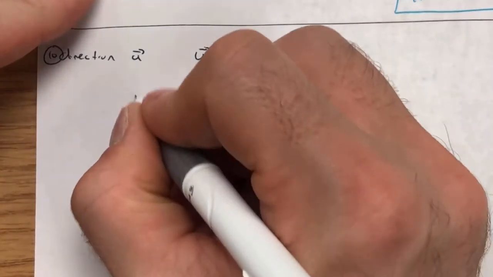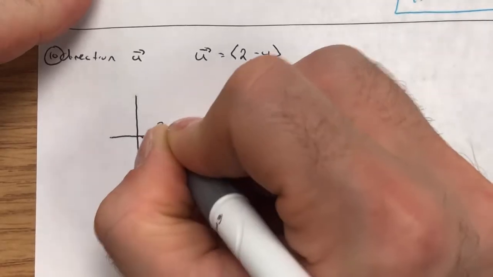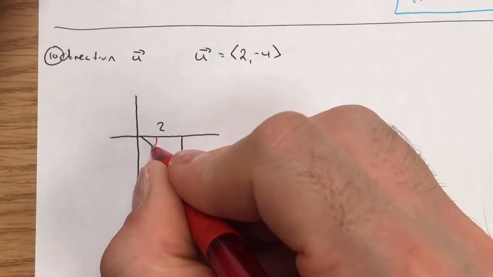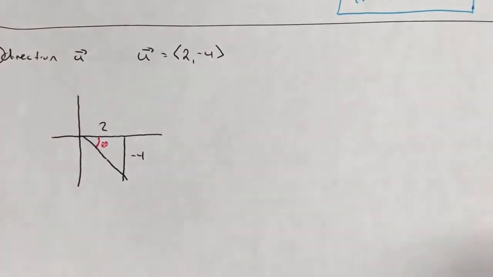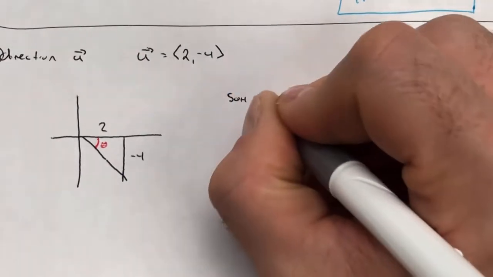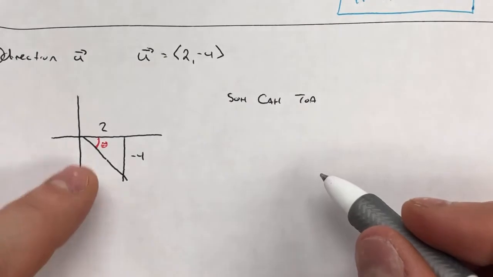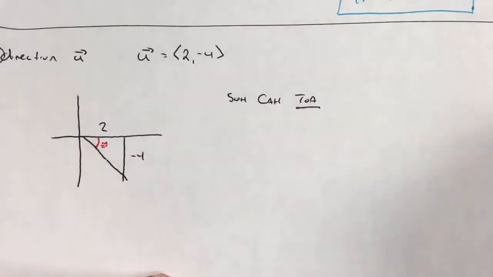So if I have this triangle with 2, negative 4, I want to find whatever theta is that will give me that. So I'm going to break out the SOHCAHTOA and see what I have. Well, I have the opposite and the adjacent, which means I'm going to be using the tangent.